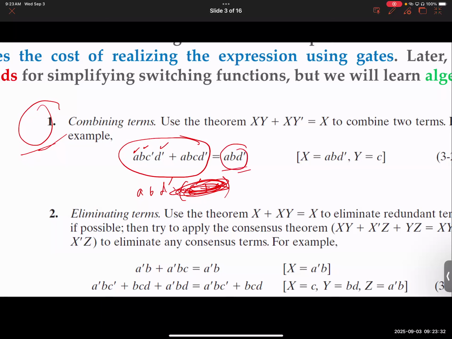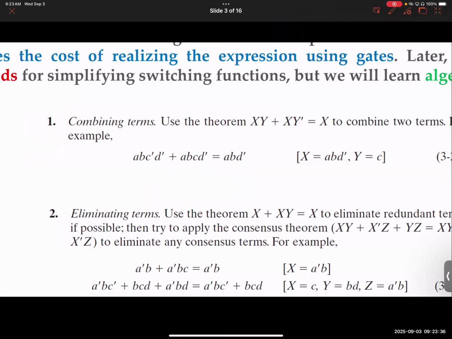Still with me? Okay. So notice instead of 2 terms, let's take a moment to appreciate what we have achieved by doing this simple Boolean algebraic step, not regular algebra, by the way. How many AND and OR gates would I have required to implement this? Can anybody tell me? We did this exercise in the last class, if you remember.